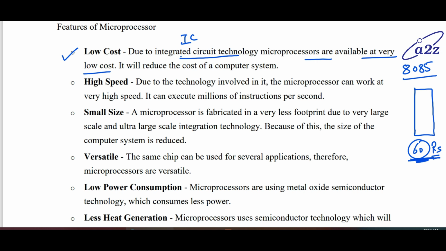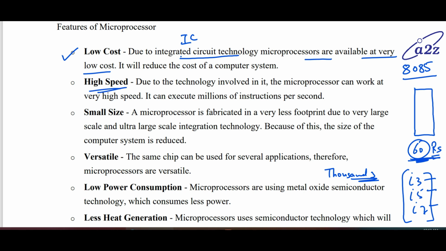If we talk about i3, i5, i7 processors, their cost is around thousands of rupees, but according to their performance, the cost is comparatively very cheap.